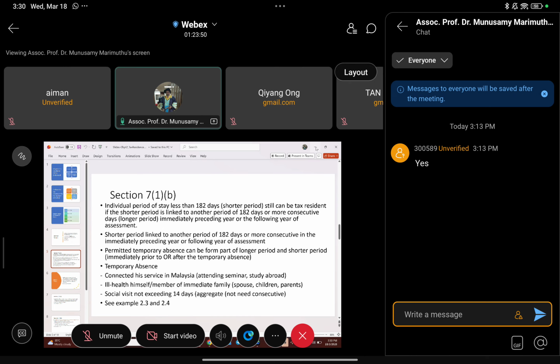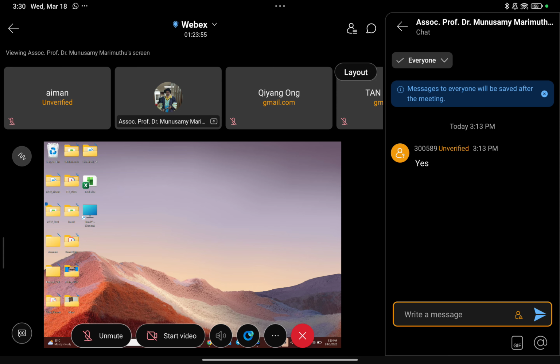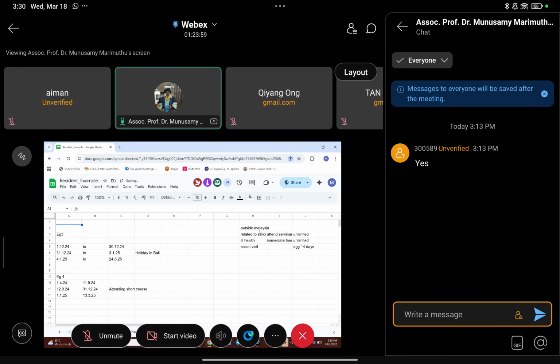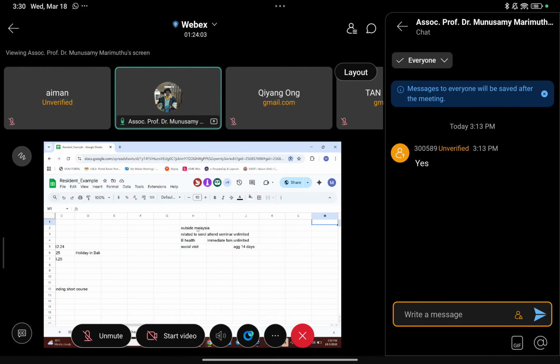Okay, so we see the question here. I've given you some answers here. So 7.1b, this is the temporary absence. Temporary absence is outside Malaysia, related to services.